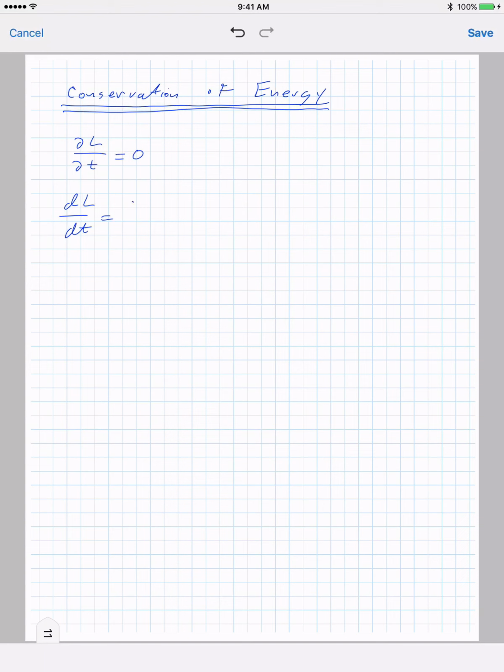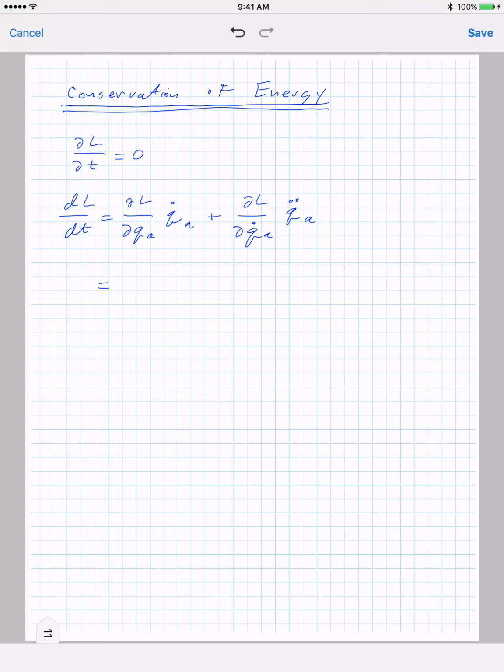And so this will be dL/dq_a times q dot a, plus dL/dq dot a times q double dot a. So what we'll do is use the Euler-Lagrange equations and put in an expression for the dL/dq.